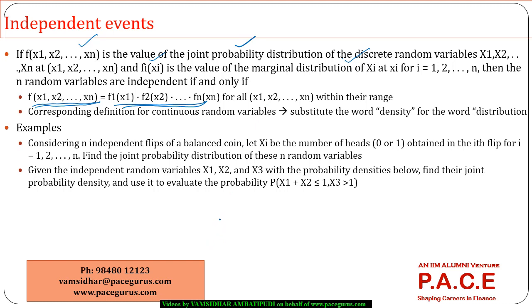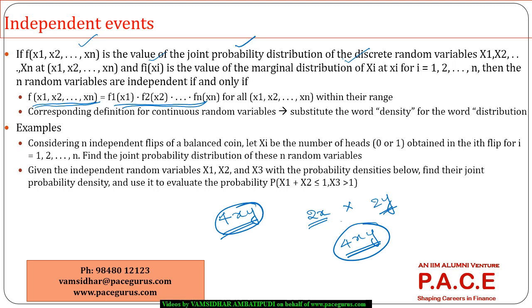So if you see here, 4xy was the joint probability distribution, 2x was the marginal density function of x, and 2y was the marginal density function of y. If I multiply these two marginal densities, it comes out to be the same as the joint probability distribution of x and y. So in that case, I can very well say that these events are independent.